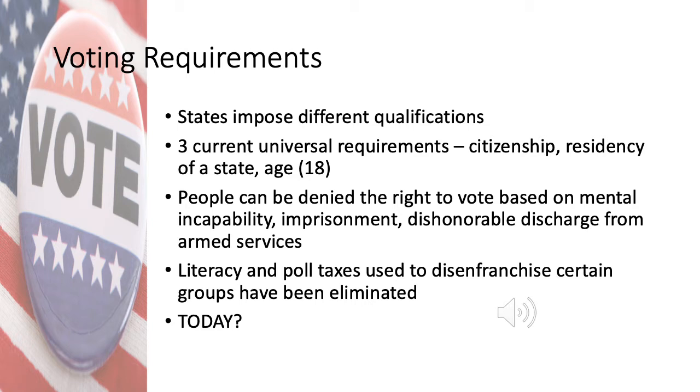So now we do not have that. We do have, as your textbook talks about, closed primaries. Closed primaries are elections where you have to be registered within a certain party in order to vote in the primary election. So that is a state-by-state qualification.